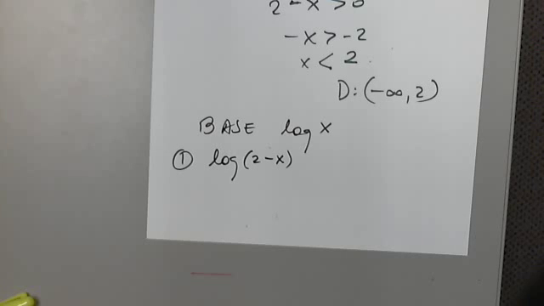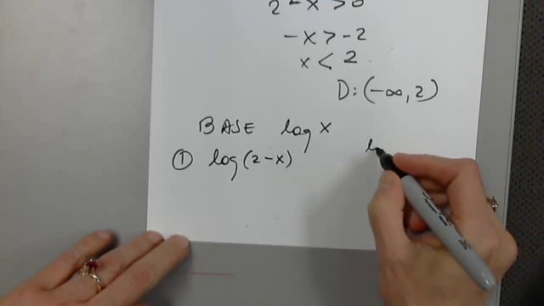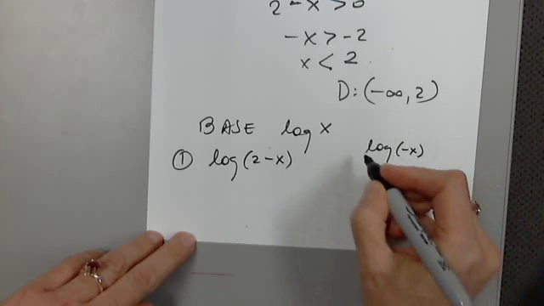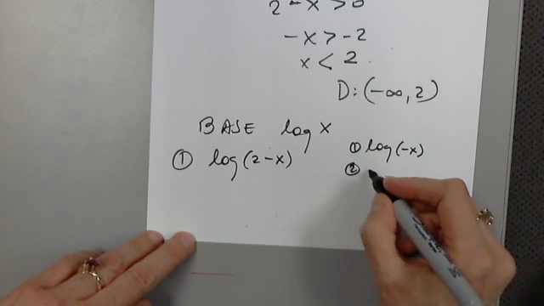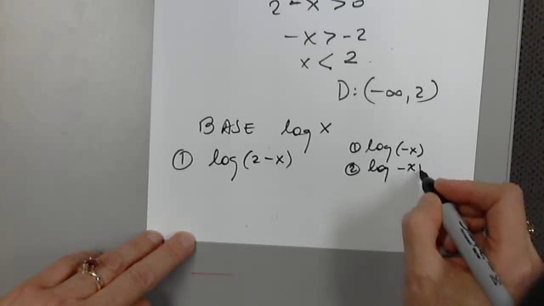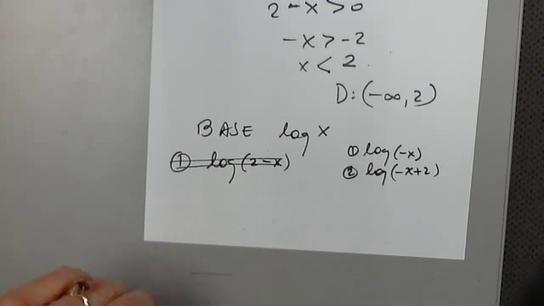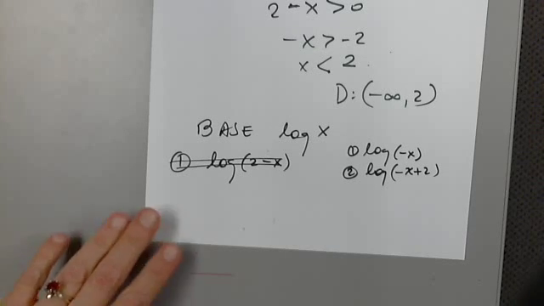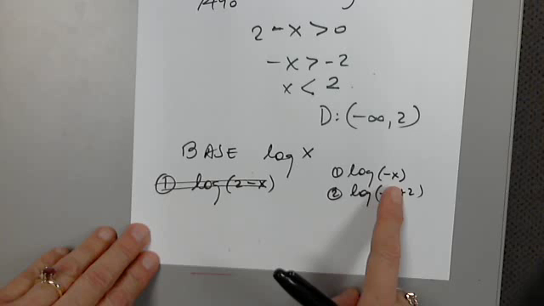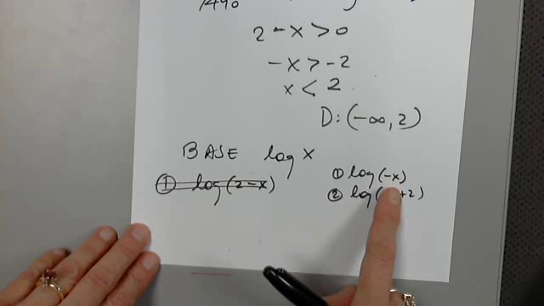So maybe we should break it down into two parts. So let's graph first log of negative x, and then log of negative x plus 2. I think it's better than just writing it in one step. Okay, so we're changing x into negative x. What transformation is that?